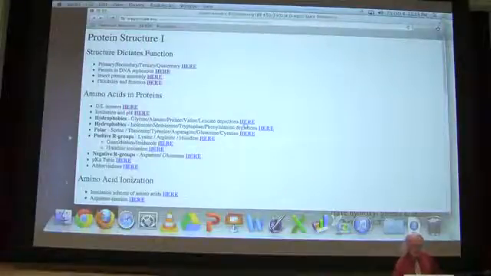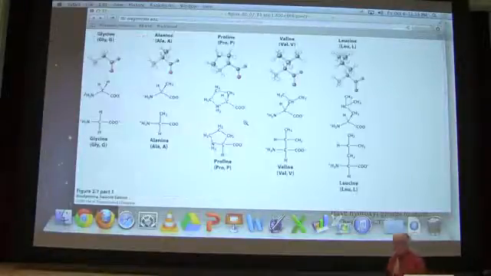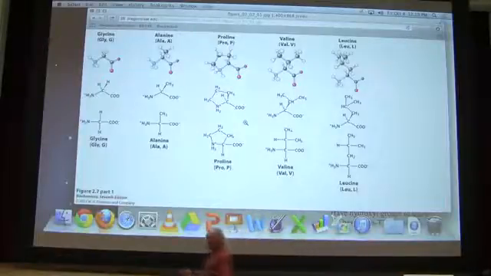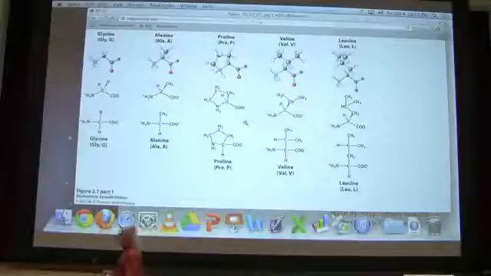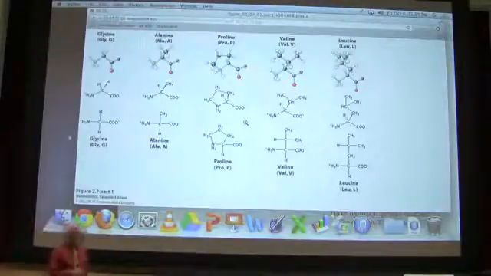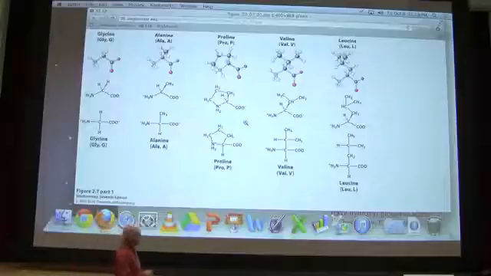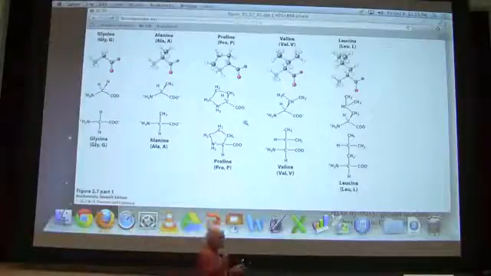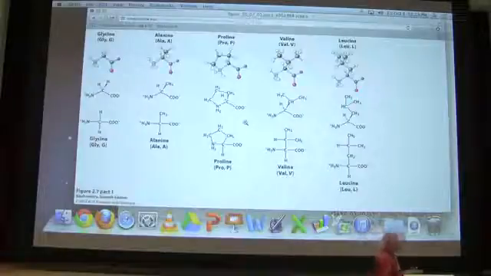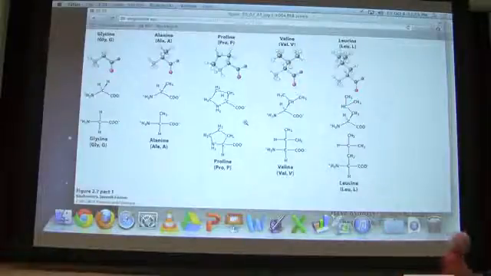Okay. Let's talk about structure. Structure of amino acids. Now, as you look in various books, you will see amino acids grouped slightly differently depending upon the author. In Stryer, I have adopted the rule that they have for theirs, and we're going to use that configuration that you see here.